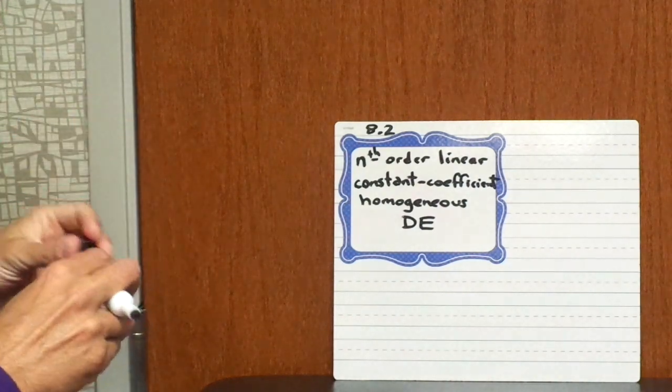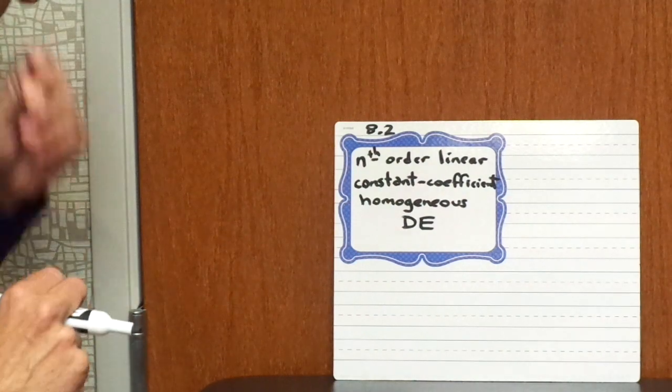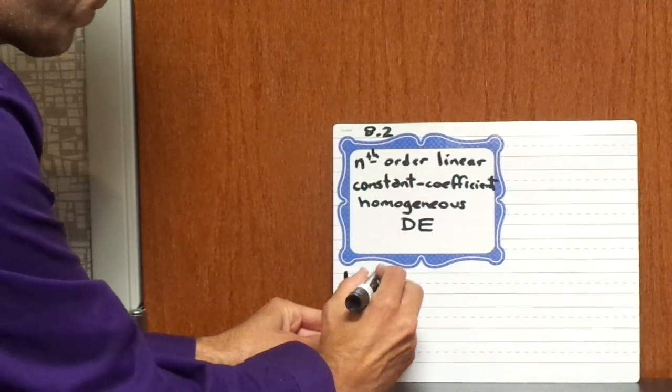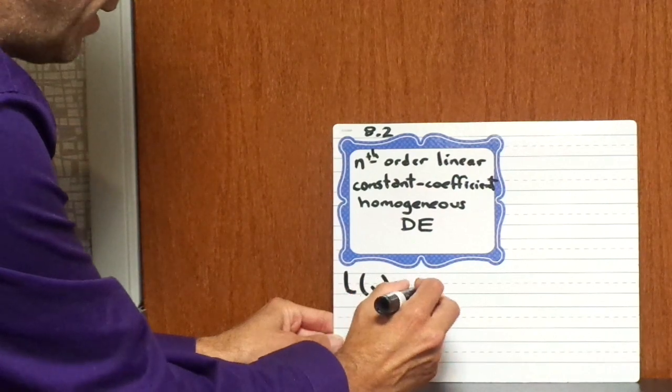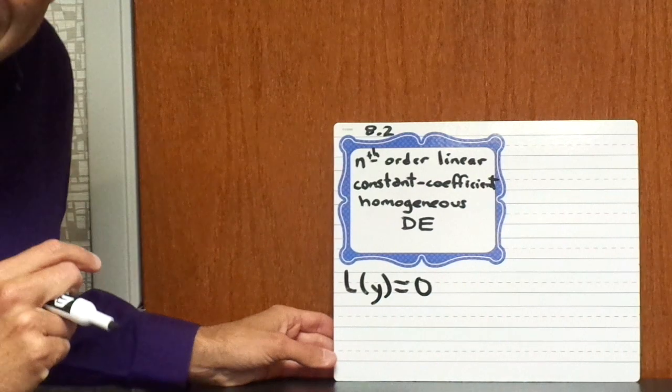I'm just going to experiment with this little whiteboard and see if I can explain it. Remember that our differential equation is usually written as L of y equals 0, and the goal is to solve for y.